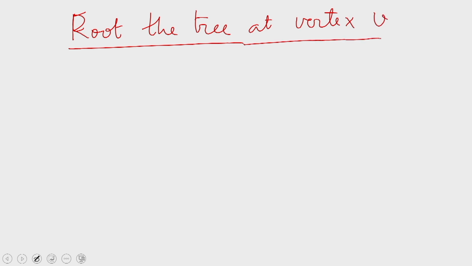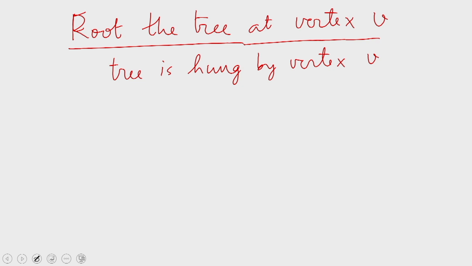When we root the tree at vertex V, what we assume is that the tree is hung by vertex V. Therefore, all the paths that lead you away from V are hanging down, let us say by gravity.